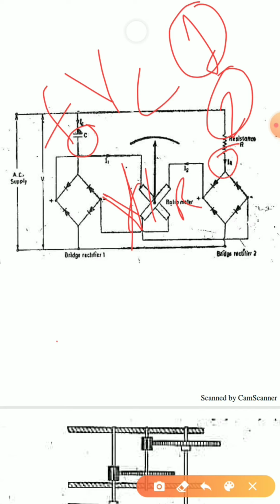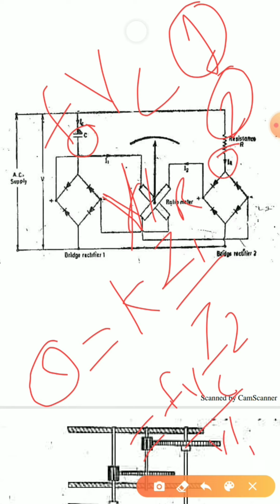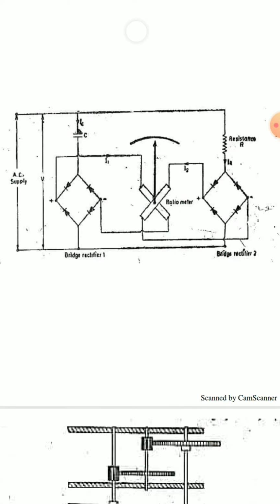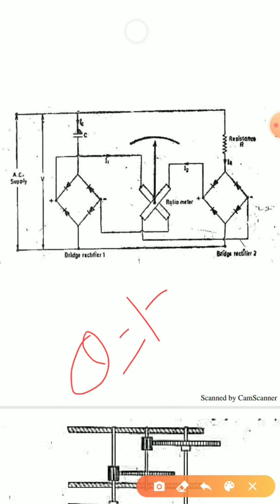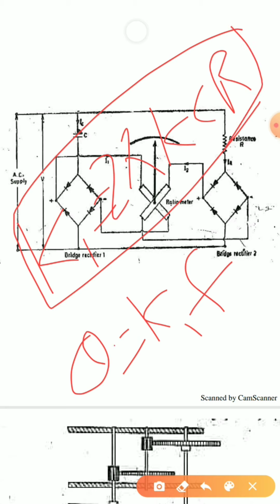Now the deflection theta, as I have said, is directly proportional to the ratio of the two currents. The ratio of the first current, FVC, to the second, V by R, simplifies to theta equal to K1 into F, where K1 is nothing but 2 pi KCR, because the V gets cancelled out. So theta is equal to K1F.